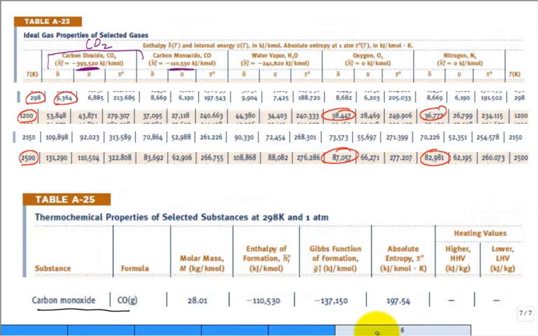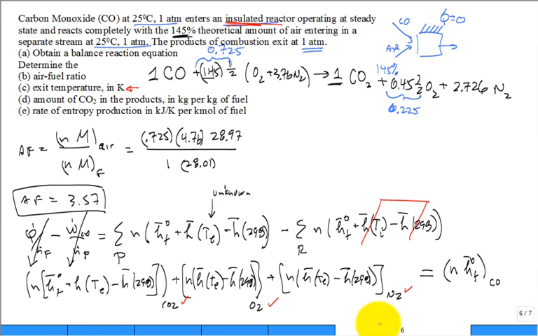So when I solved it, what I found was an imbalance in the equation when the temperature was 1200. I found Q over N fuel to be negative 155,163 kilojoules per kilomole.